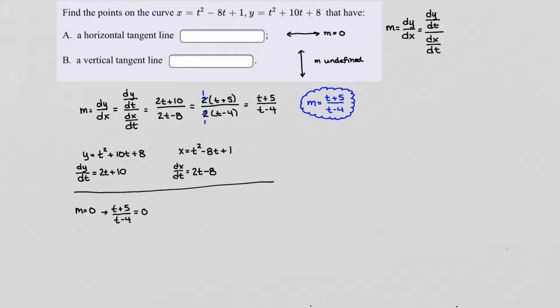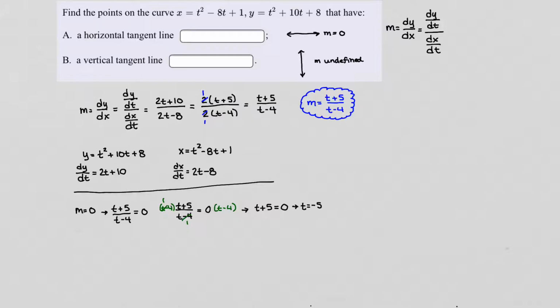That's simply when the numerator is equal to 0. Or if I want to be a little more rigorous, I would cancel my denominator of t minus 4 by multiplying both the left side and right side by t minus 4. In other words, t plus 5 is equal to 0 times t minus 4, which is just 0. That is, my rational expression is 0 when the numerator is 0, and specifically, that's at the place where t is negative 5.